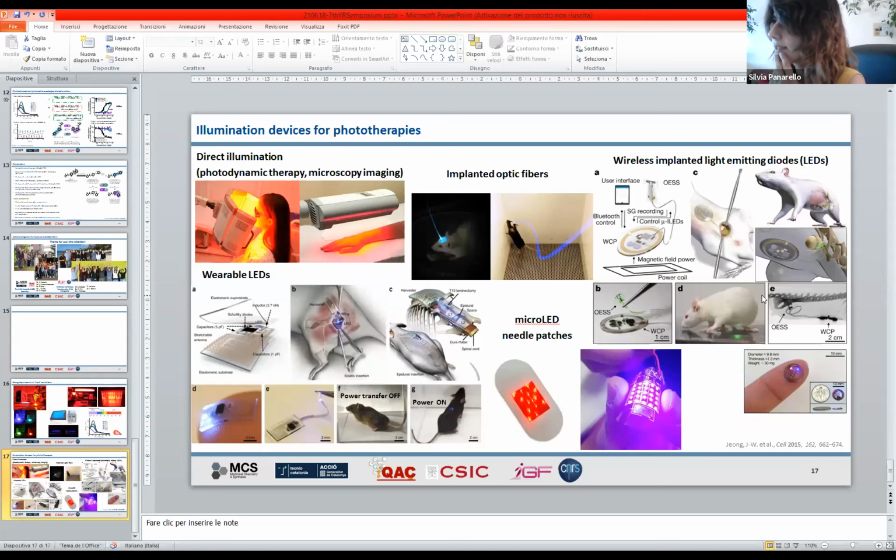This one, that is more used now because it passed all the clinical tests, is the photodynamic therapy, that uses red light to kill cancer cells. So it's more superficial. When we want to go deeper in the tissue, we have to use devices that go more inside the tissues.